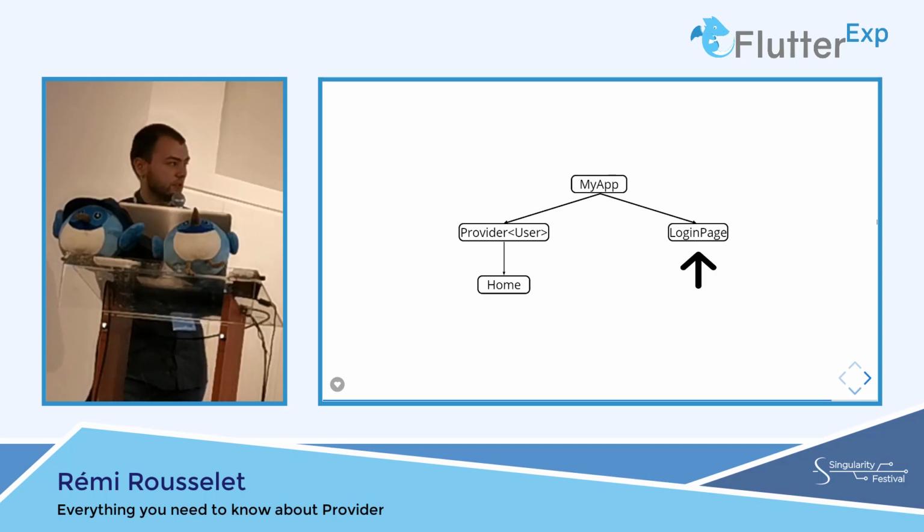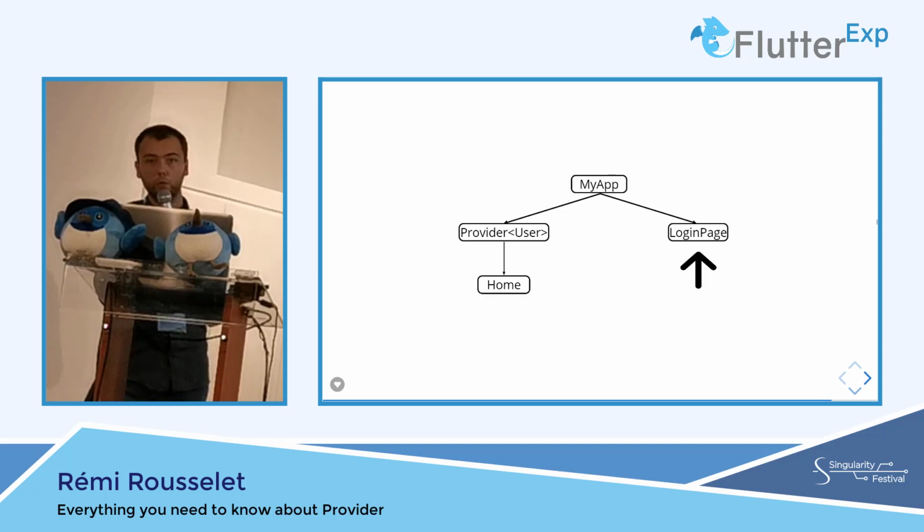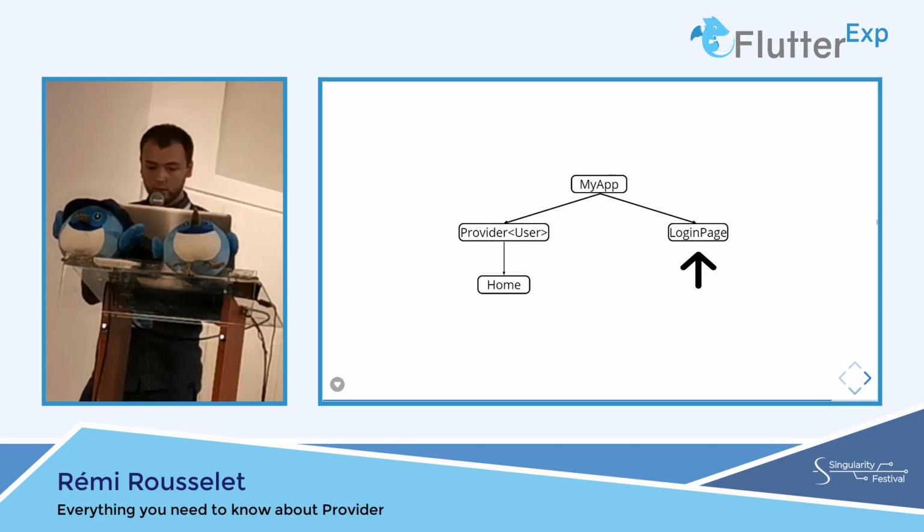But it does make sense to obtain the current user in the home page. So in that situation, instead of having the provider above my app and being able to access the user on both login and home, we could voluntarily put the provider directly above home but not above login page. Which means that in that situation, login page will not be able to access the current user.